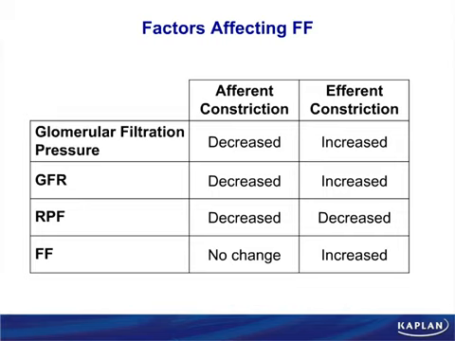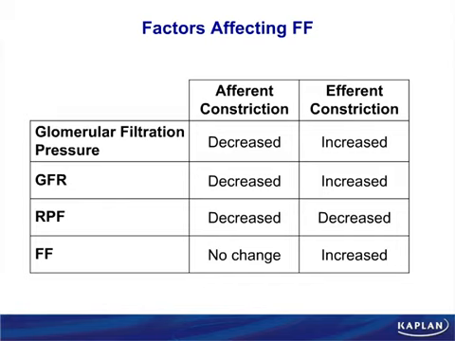What I want to do now is really spend a minute talking about what the filtration fraction really means. Yes, it's a nice number to look at, but I really want to get into what this means to you for the exam and what this means to the kidneys. Filtration fraction really means the fraction of the renal plasma flow that's being filtered.